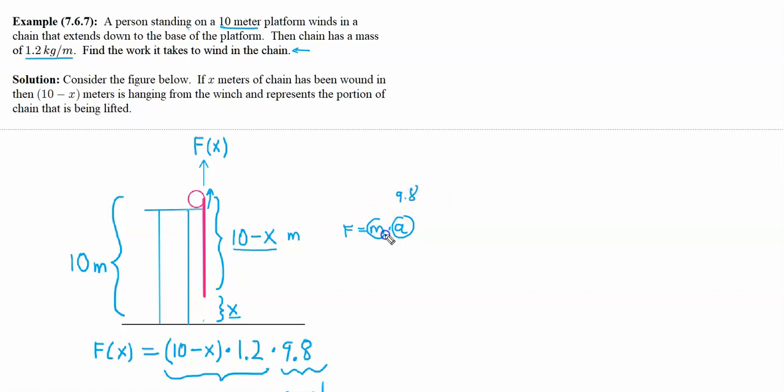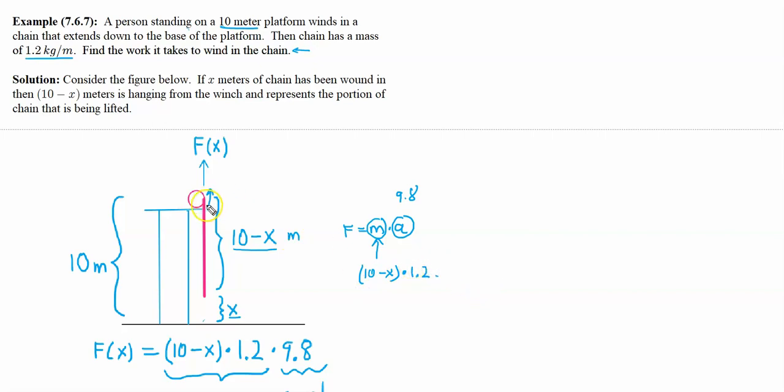Now the mass, what is the mass of the chain that is hanging down here? Well, the length of this chain is 10 minus x. And the mass density of the chain is 1.2 kilograms per meter. So if we multiply by 1.2, that'll tell us the mass of the chain that's hanging down. So the mass of the chain hanging down, that m right there, is going to be 10 minus x times 1.2.